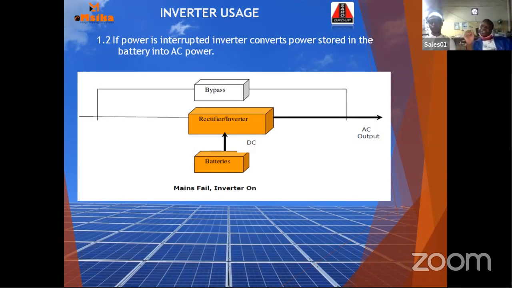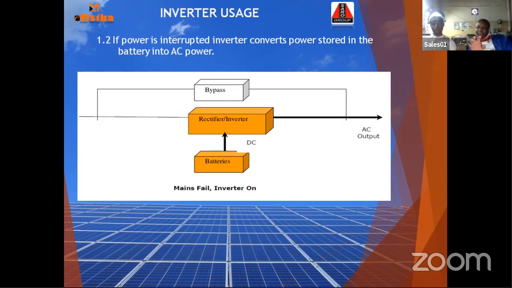Your loads like your TVs, your lights, your laptops, run from alternating current, not direct current. Direct current won't run your TV. It needs to be converted into AC to power your TV. That's why you've got that circuit which changes DC into AC, and it is installed within the inverter itself.